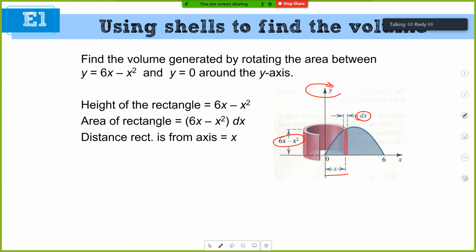Well, how do I know the distance from the axis is x? Because again, right minus left, x minus 0. Well, we're not going to keep doing x minus 0 because we don't need to. But when I move that axis of revolution, it's going to become relevant. Okay? Put that all together and we get that part.